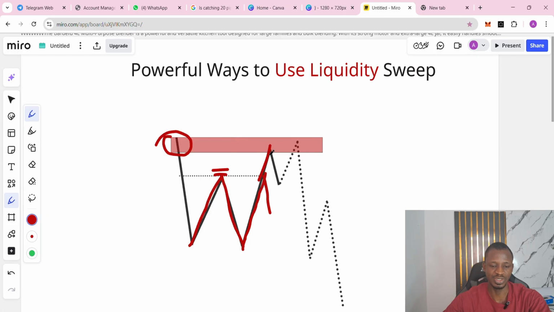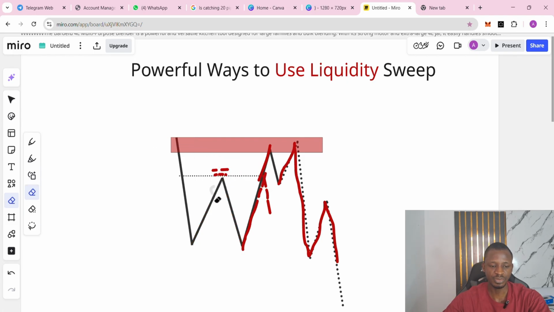Some traders use it to know the bias of the market, or to know the reversal pattern. Once this forms, some traders will wait for the point of interest. Once the point of interest is mitigated after the sweep of the liquidity here, they will position to ride it to the downside. So this is how this works, guys.